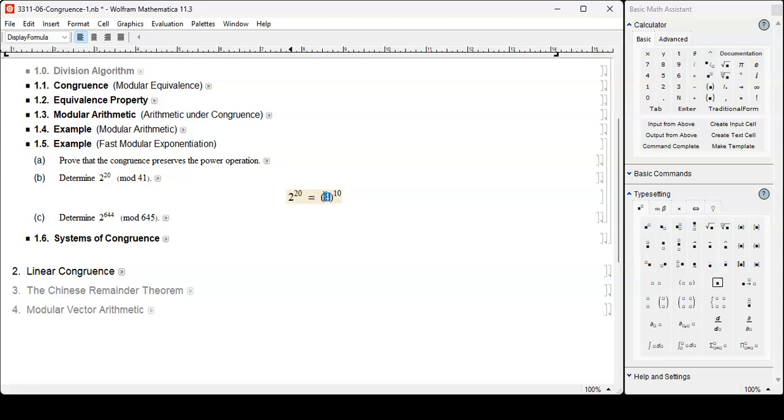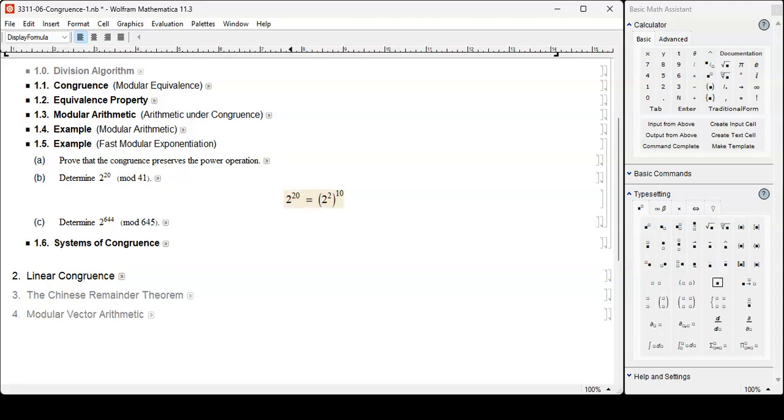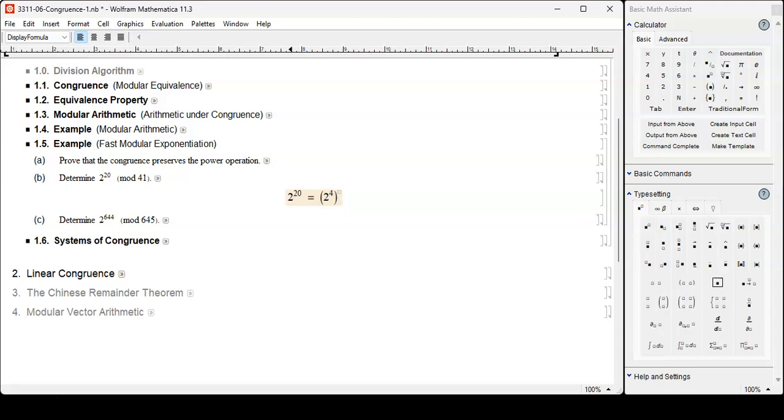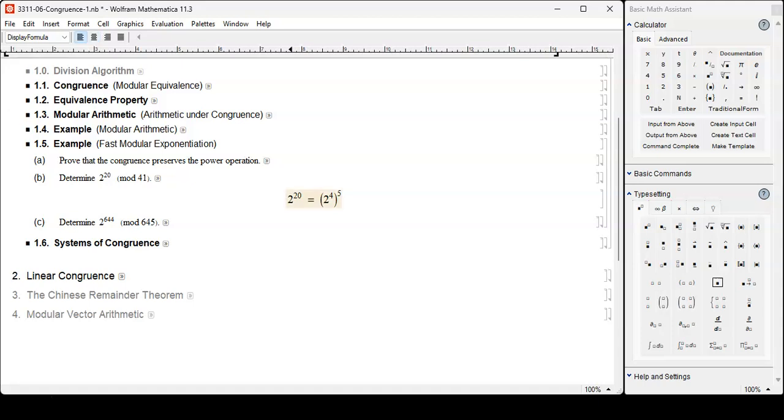No, not really. That's too small, so let's do it this way: 4th power and then 5th power. 4th power is 16. Can I reduce 16 modulo 41? No, not really. Still too small.